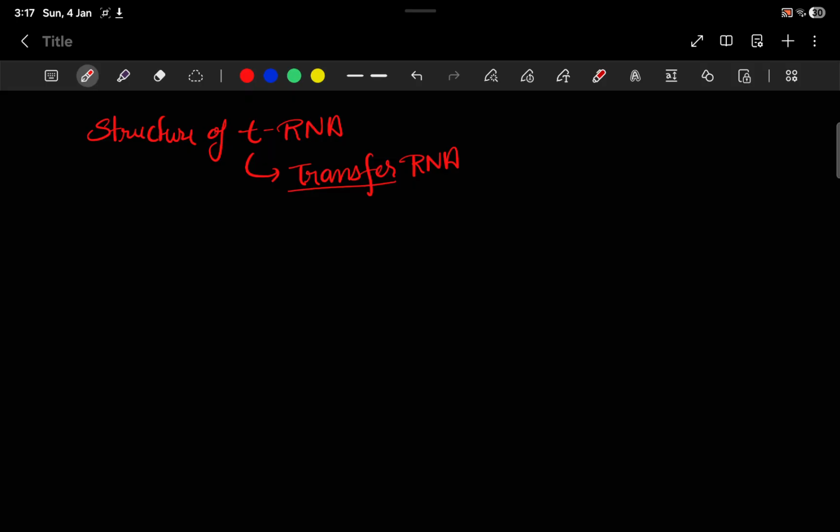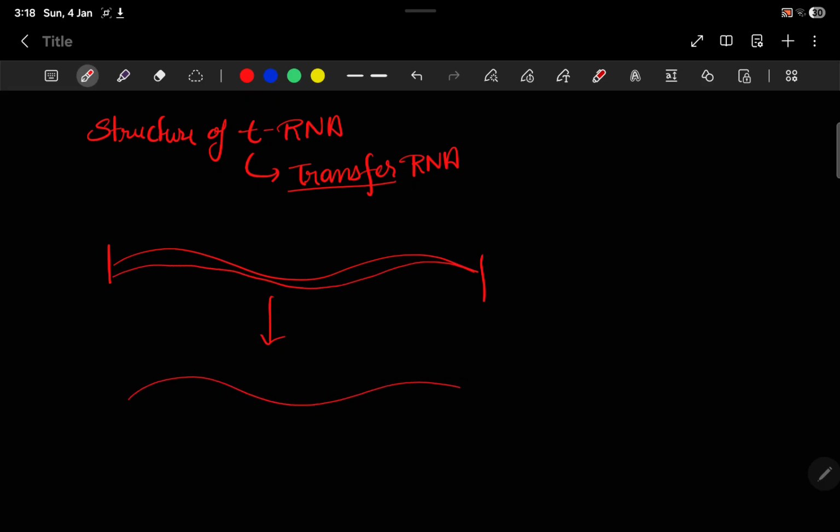First of all, how is the tRNA synthesized? There are some genes which are specific for tRNA. When these genes, which are double-stranded DNA of course, are transcribed, we get an RNA from the process of transcription.